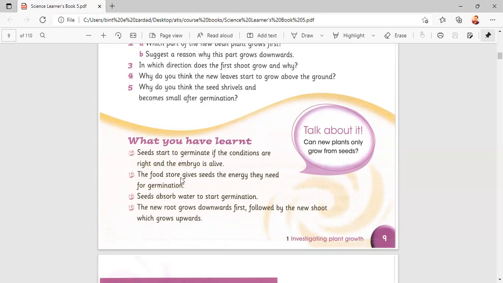The food store gives the seed the energy it needs for germination. Seeds absorb water to start germination. This is the first stage of germination. The new root grows downward first, followed by the new shoot, which grows upward.